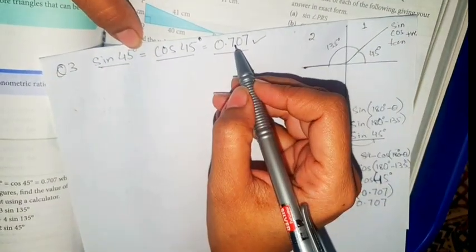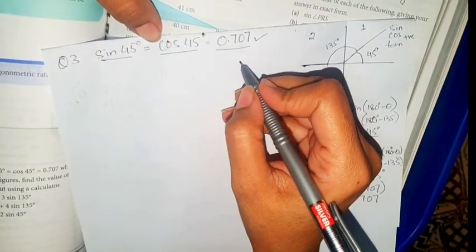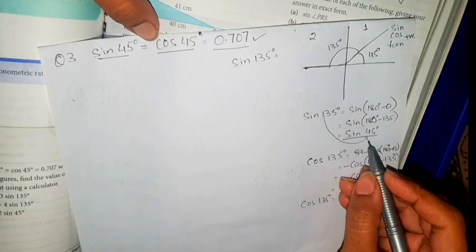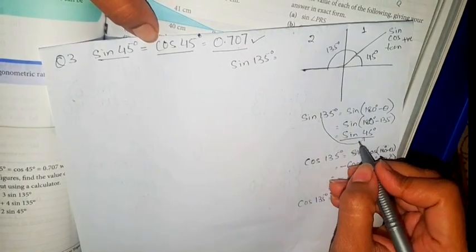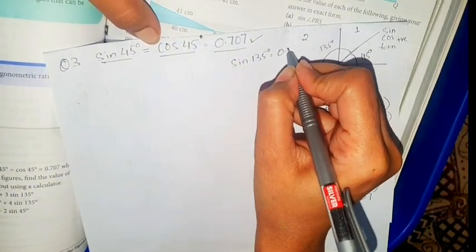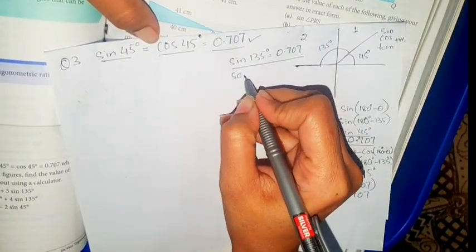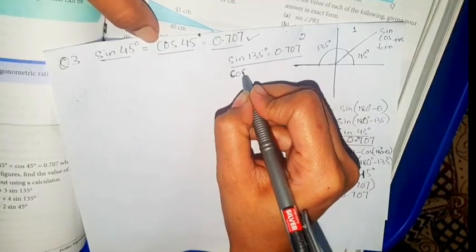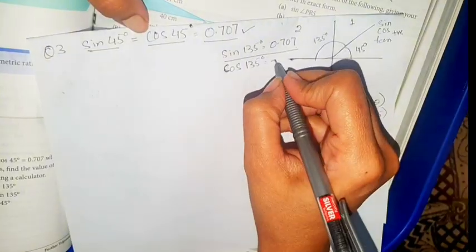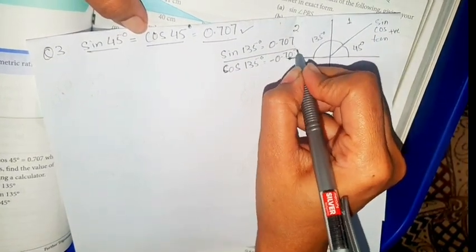Sine 45 is 0.707, cos 45 is 0.707, sine 135 degrees equals 0.707, and cos 135 degrees equals minus 0.707.